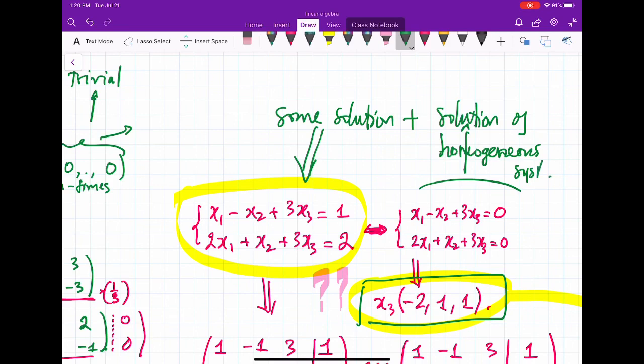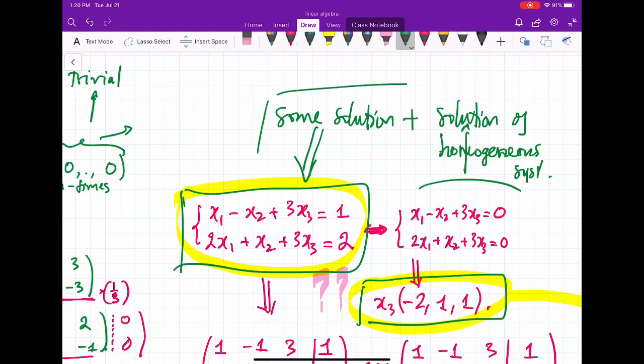You see? That's why homogeneous systems are so important. In order to solve the original system, you may solve the corresponding homogeneous system, and then try to get some particular solution of the original one, and then put them together, and you get the general solution of your system.